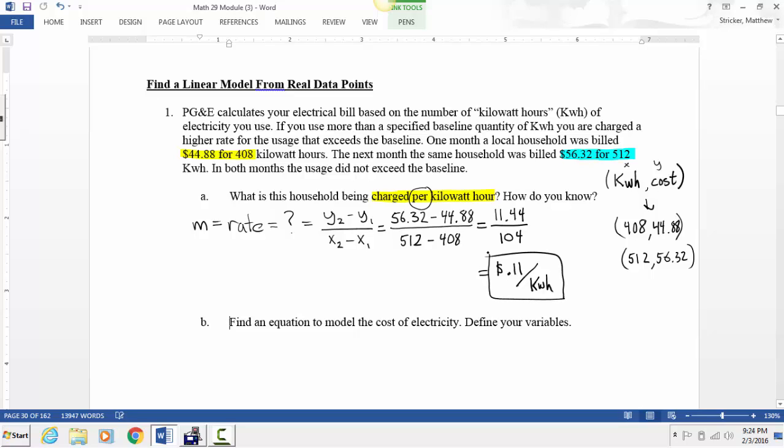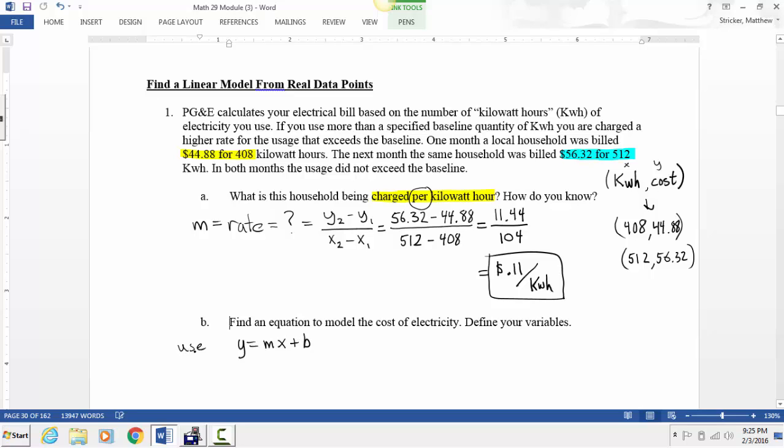Okay, part B says find an equation to model the costs of the electricity. Well, this is a linear model, right? It's a linear model, so we have a constant charge for the electricity. If we want to find an equation to model it, we need to use y equals mx plus b.